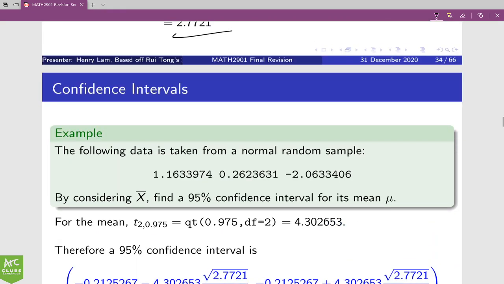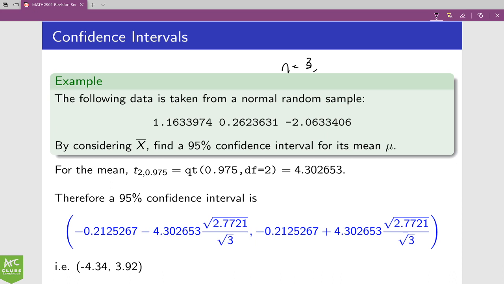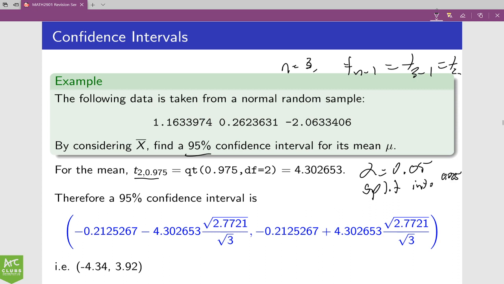From here, you note there are 3 observations, so n equals 3. So the distribution we consider is t_{n-1}, which equals t_{3-1}, which equals t_2. So the distribution you consider is t_2, and here it's 0.975, because alpha equals 0.05, split into 0.025.